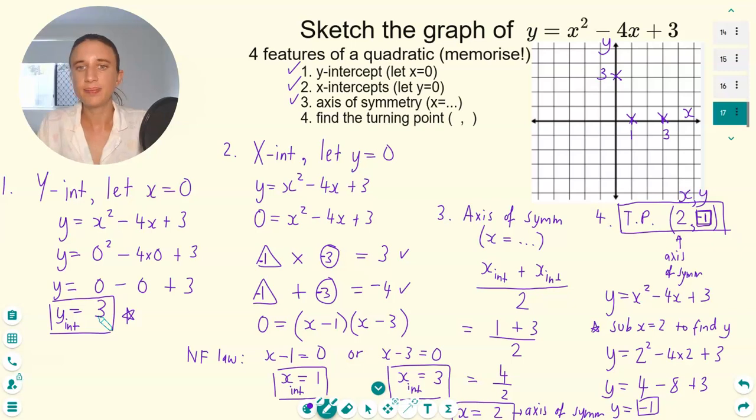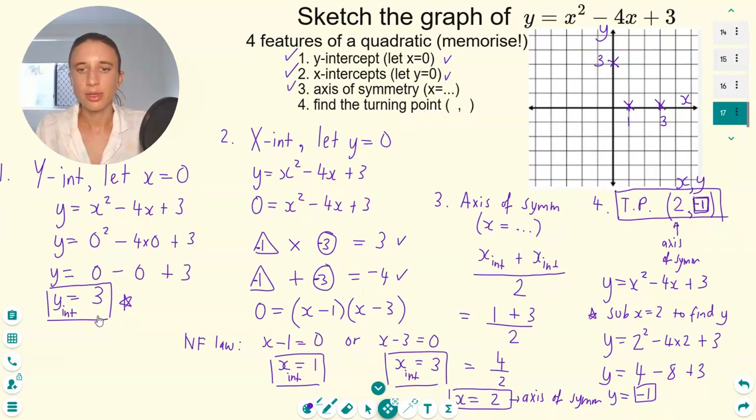We're getting there. We've got our y-intercept, x-intercepts, axis of symmetry. Axis of symmetry down below was x equals 2. See that? And now that confuses people sometimes. So you might plot the turning point first and put in your axis of symmetry last.